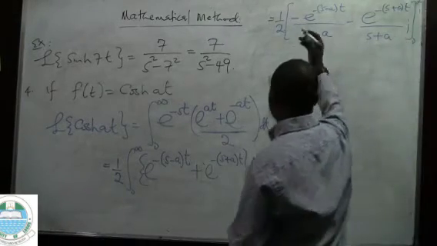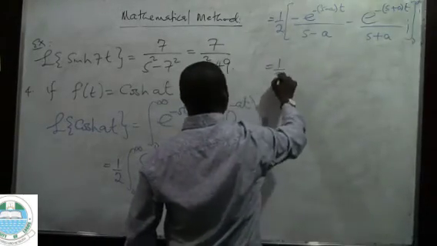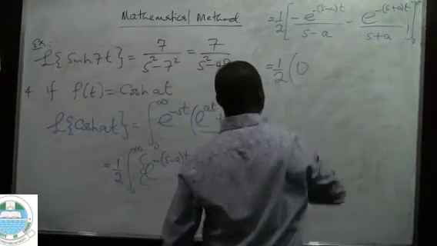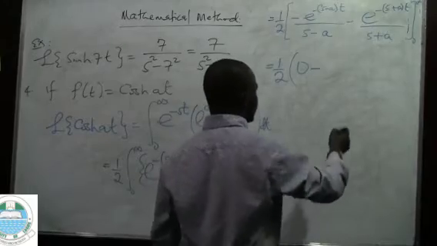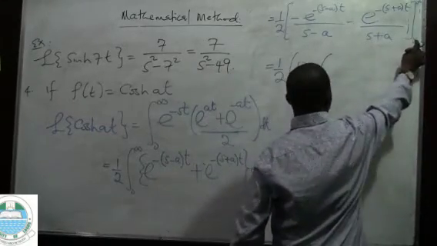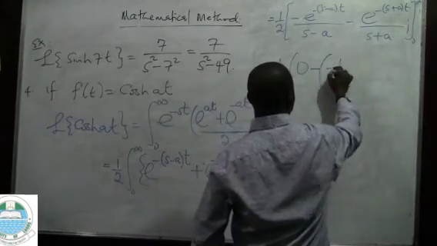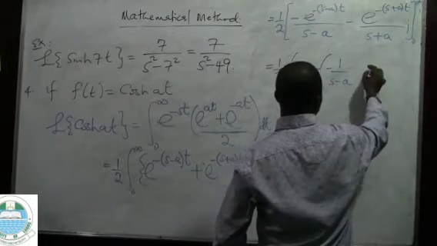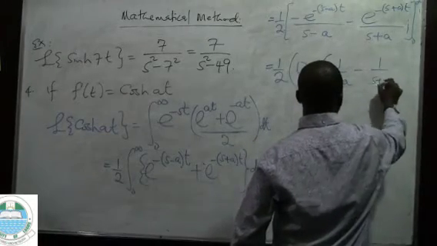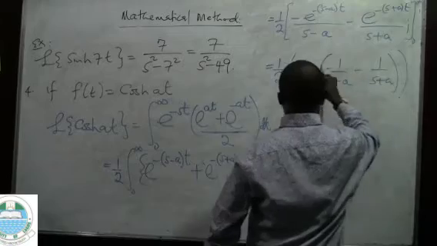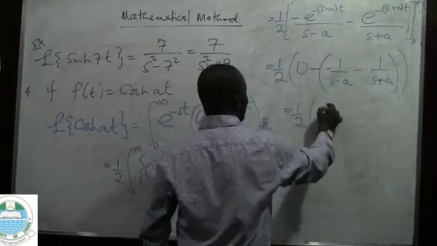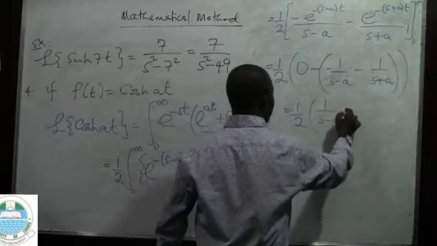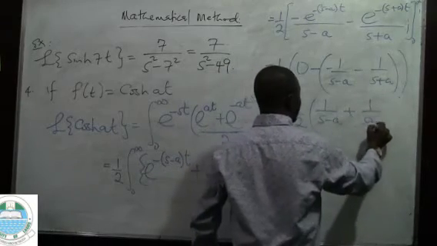With respect to infinity, upon taking the limit, the whole of the bracket becomes 0, minus, substituting 0 for t, I have minus 1 divided by s minus a, and minus 1 divided by s plus a. So the negative opens up the bracket to half into 1 divided by s minus a plus 1 divided by s plus a.